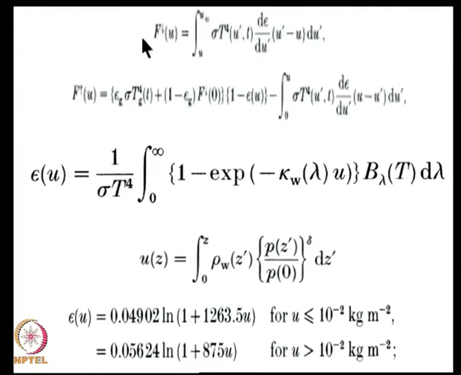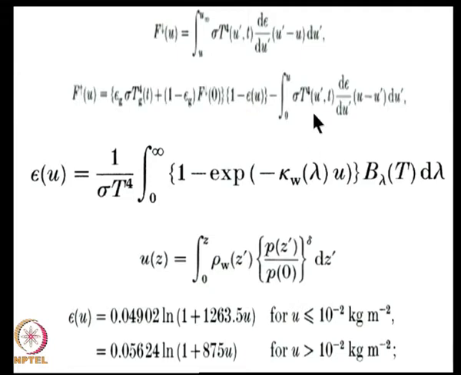So, this is the downward flux from the atmosphere downwards, and the upward flux, if you assume the surface of the ground is not a black body, but a gray surface, then you have to worry about the emission of the surface as well as the reflection of the radiation coming to the ground. Okay. And this is transmitted finally to the level of interest.